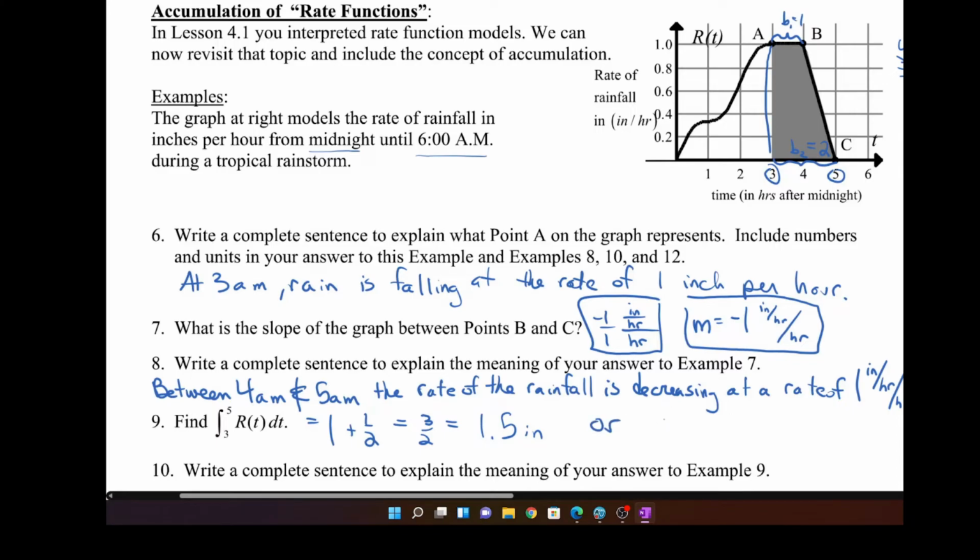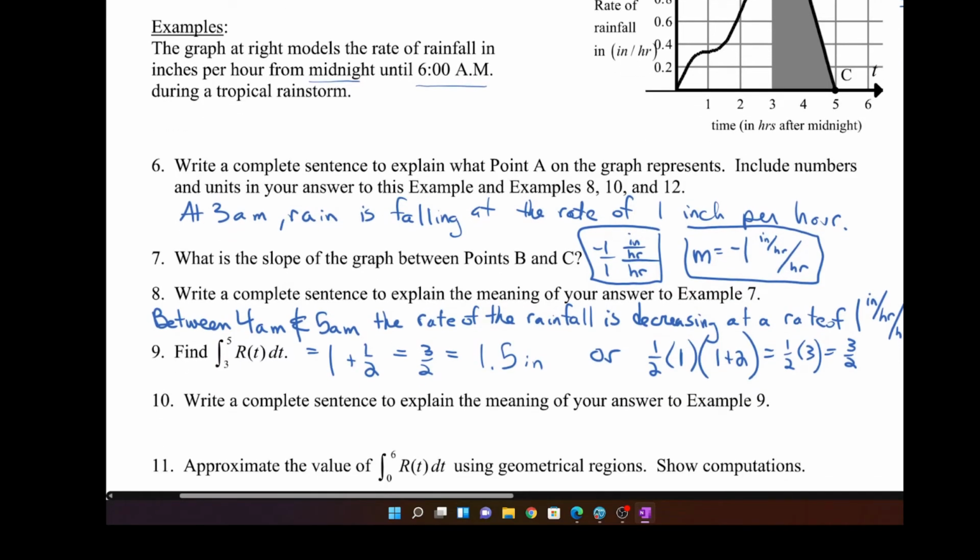If I'm doing the trapezoidal method, I have 1/2 times the height. Well, the height was 1, from here up to 1, and then the two bases being added together, so 1 plus 2. And when I calculate this, I get 1/2 times 1 is a half, and 1 plus 2 is 3, and so I still end up with 3/2. Anyway, however you want to calculate it, go for it. It's totally fine by me.